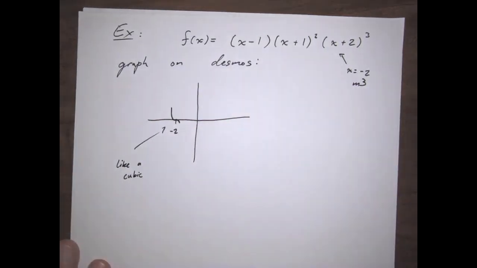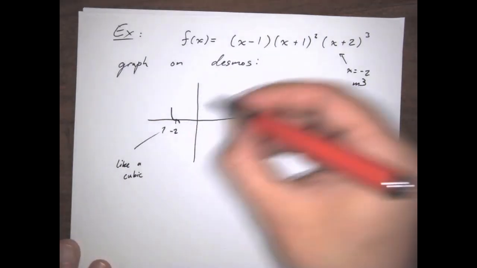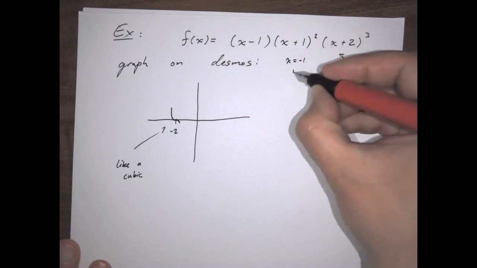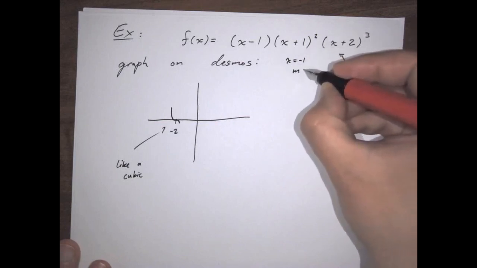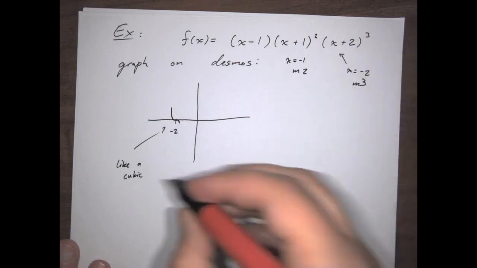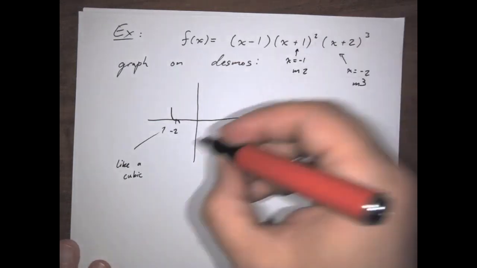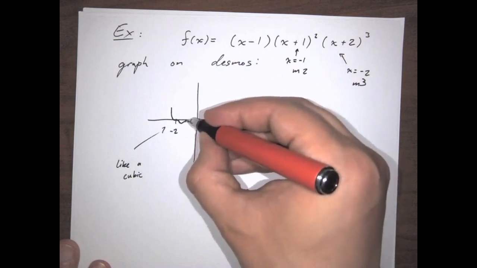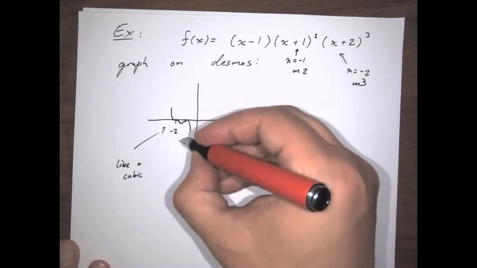So it's like a cubic. And then at -1, that one had multiplicity 2. And so here what's happening is it bounces off like a parabola.